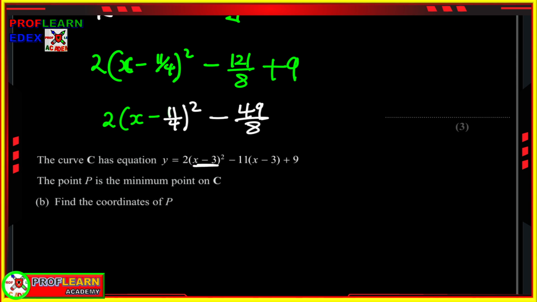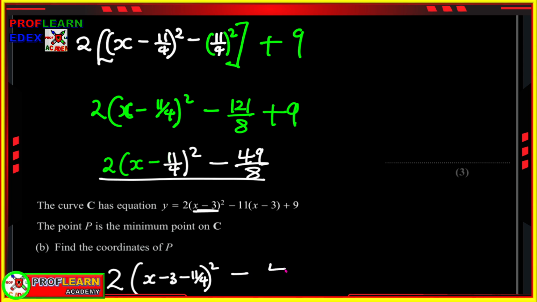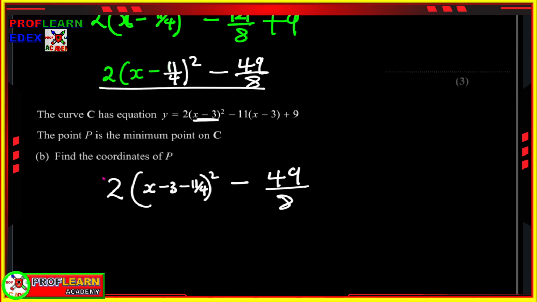The point P is the minimum point of C. So if we were to write this equation in terms of the equation that we have gotten here, it will be 2 into bracket x minus 3 minus 11 over 4 squared minus 49 over 8.